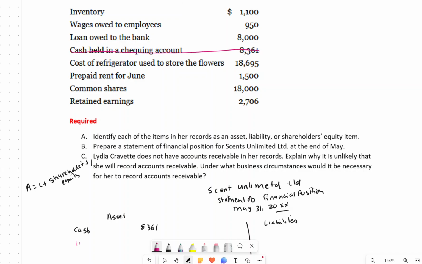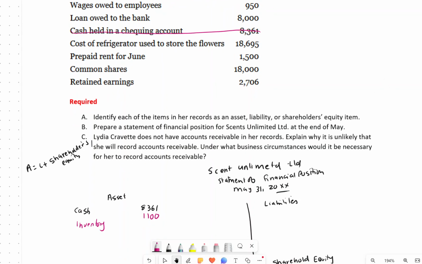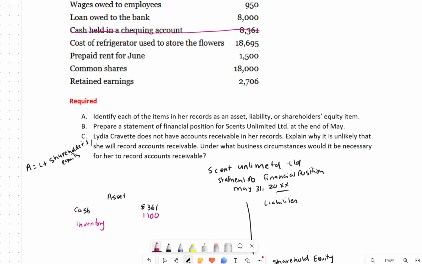Then we have inventory. My inventory was 1,100, so I put that one. The next asset was prepaid rent, so I will take that prepaid rent, which was 1,500. These are my current assets.